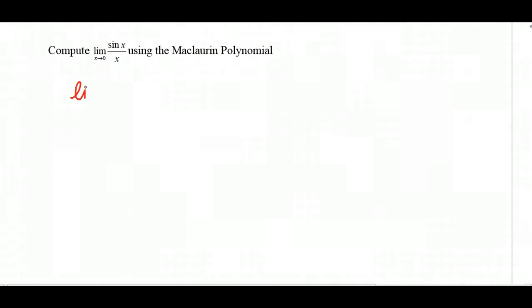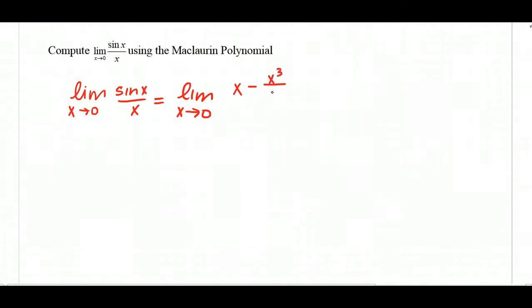So let's rewrite the numerator using the Taylor series expansion. So sine x over x is the limit as x approaches 0 of x minus x cubed over 3 factorial, which is 6, plus x to the 5th over 5 factorial, which is 120, minus and so on and so forth, divided by x.